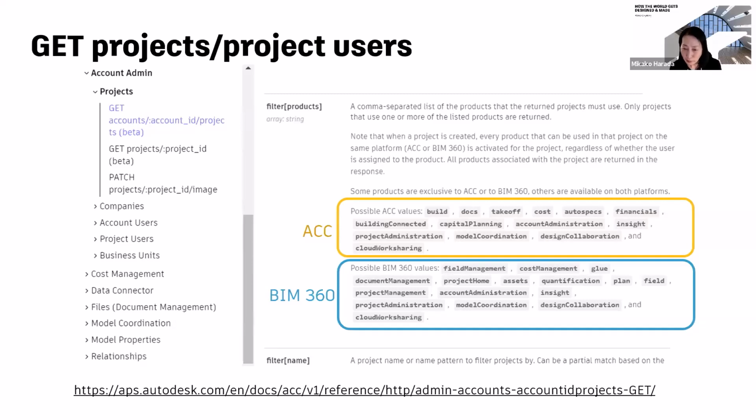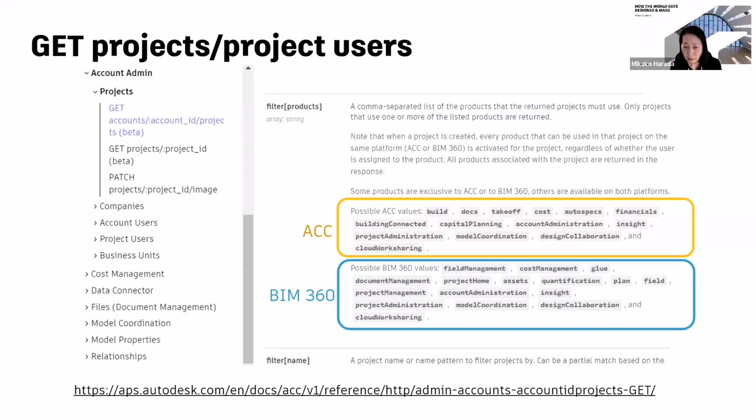While if you are a user of BIM 360, you may notice slightly different wording for calling services. For instance, let's take Docs. Docs in ACC is equivalent to Document Management in BIM 360. And also Field Management versus Build in ACC.